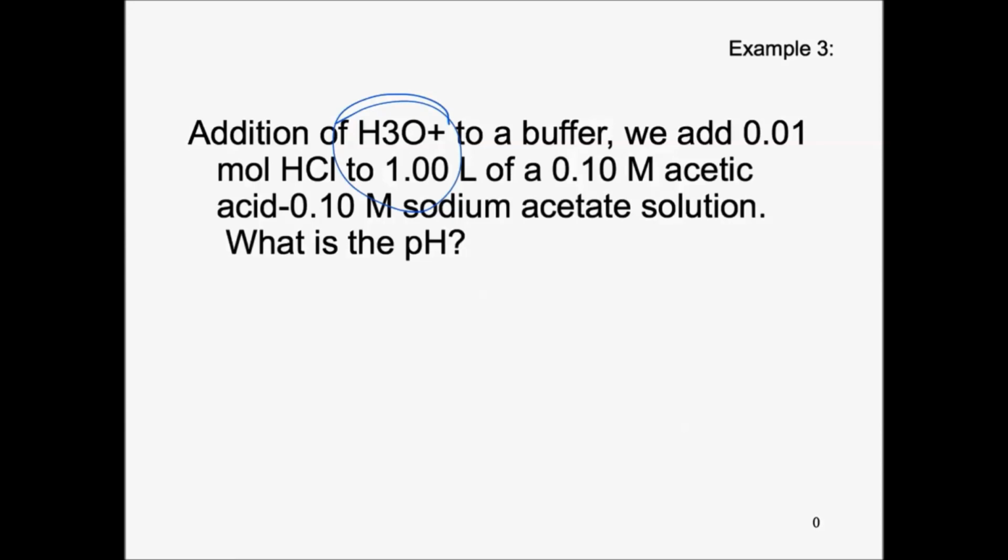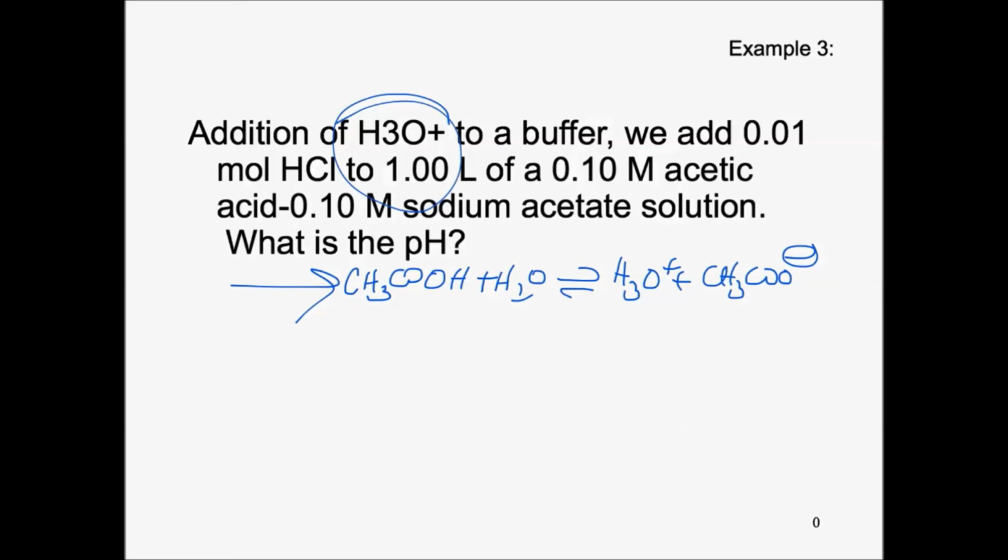So realize again, we have 2 things in our buffer. We have acetic acid, which with water is going to give you hydronium plus acetate. That's my main ionization. And I have in my solution sodium acetate, CH3COO minus Na plus.